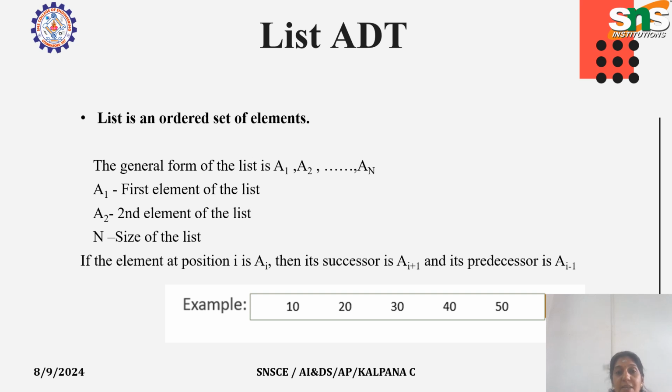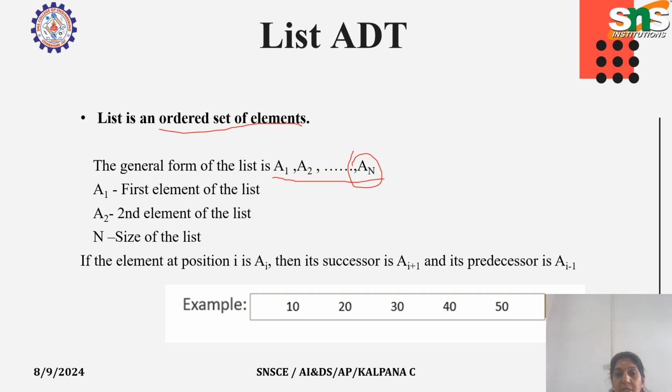So a list is an ordered set of elements. It contains a collection of elements. The general form of a list is A1, A2 up to AN. A1, A2 are nothing but the elements of the list, which means the items of the list.